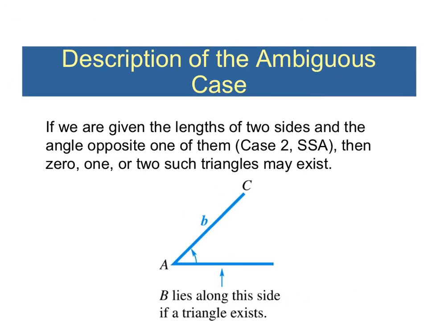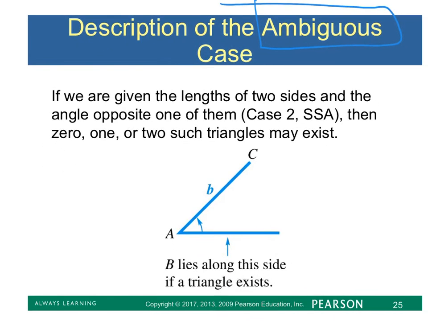All right, now, the ambiguous case. Ambiguous means that you could have more than one answer. Remember earlier in my notes, we said that if we had side-side-angle, SSA, you could have two answers.